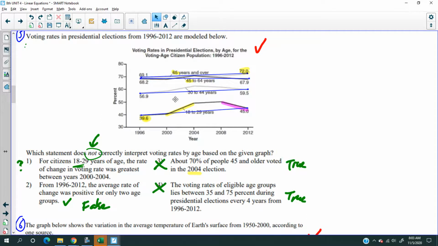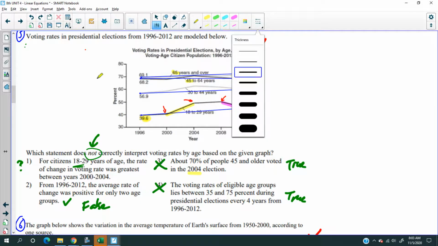Because the problem is, look here, there are no numbers here. These points don't have exact numbers. So the moment I saw that, I realized I have to rely on looking at the graph itself. I can't be reliant on numbers.